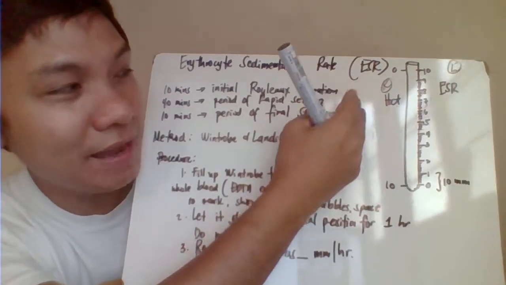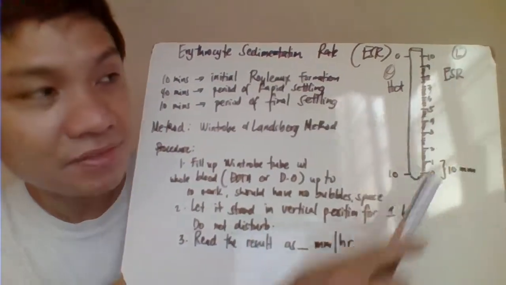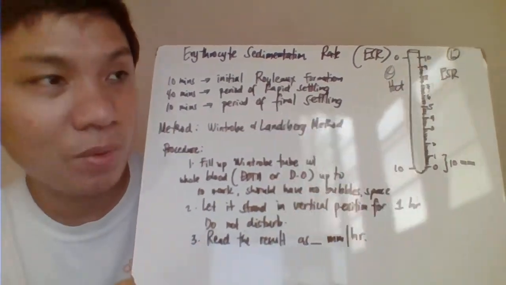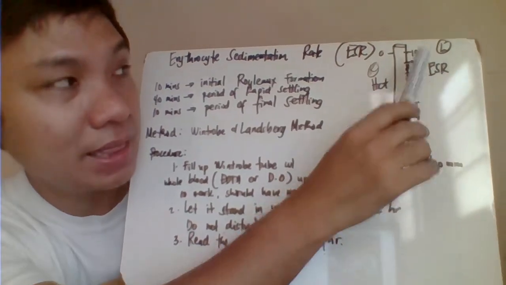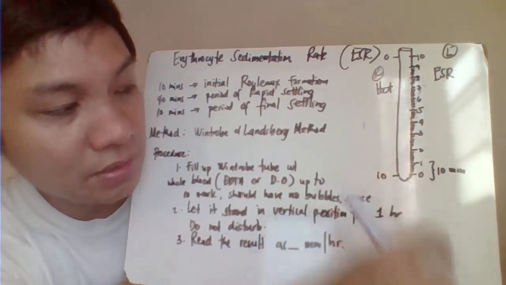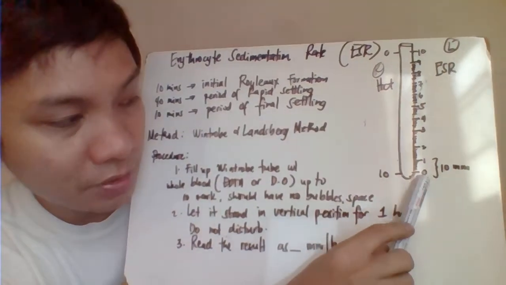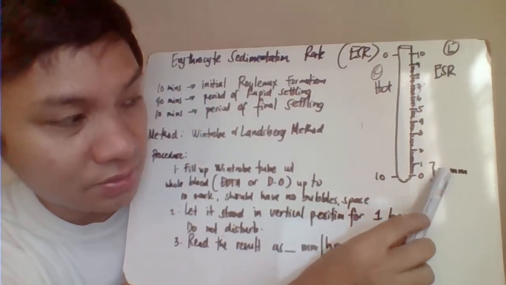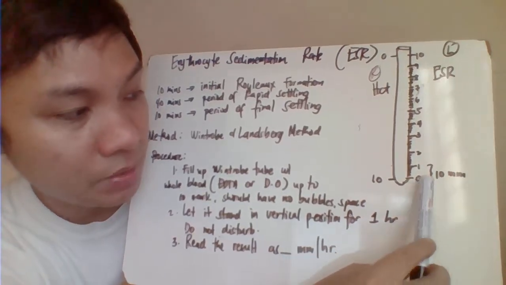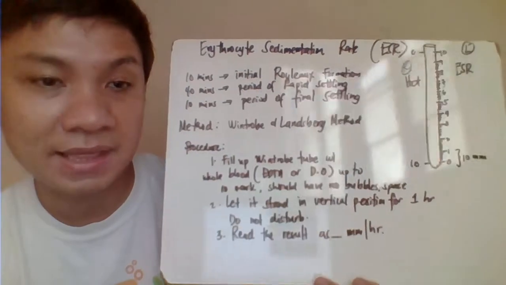Actually, it should be on the left; the drawing is wrong, so I just labeled the left. Again, the left side is for the ESR. That one would have 0 at the bottom and 10 at the top, and each of that is divided further into smaller graduation marks. From 0 to 1 there are 10 of those, so that's equivalent to 10 mm. From 0 to 10 at the top, that gives you 100 mm.